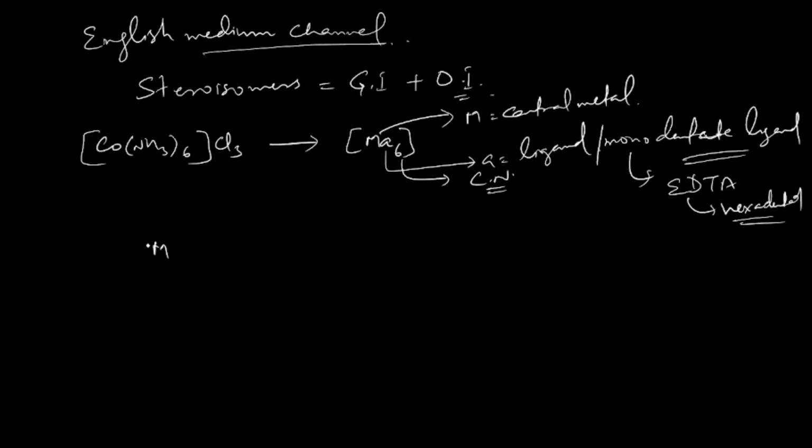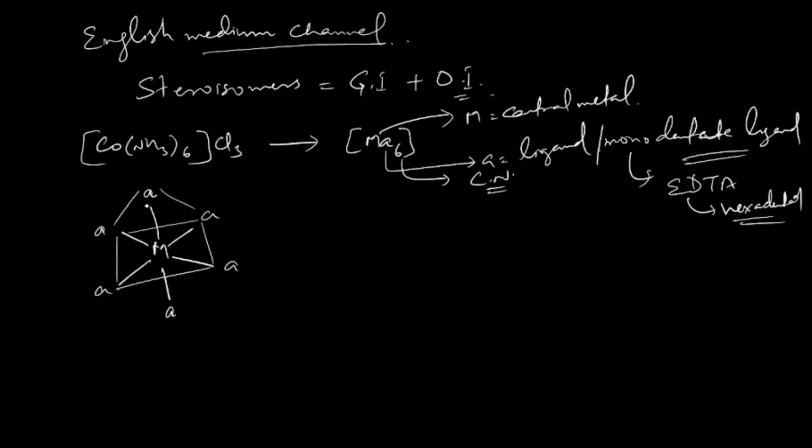This is the metal, and for octahedral, based on VBT, we know this will be the geometrical arrangement: four ligands in the square plane, and the remaining two are axial. Now see, this is an Ma6 type of molecule, and this is how it is octahedral.